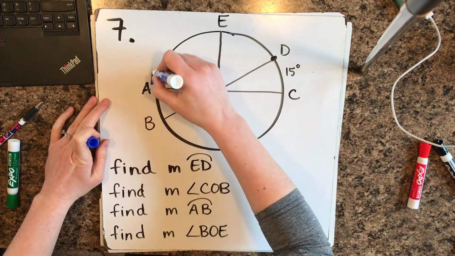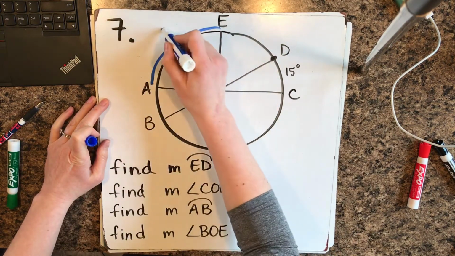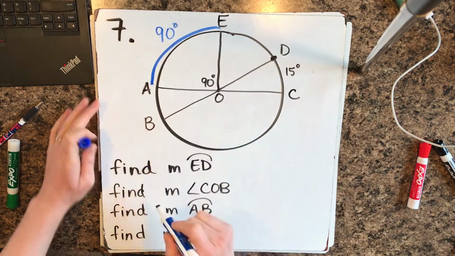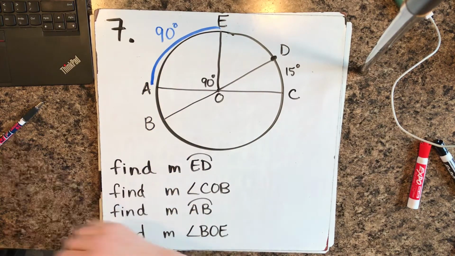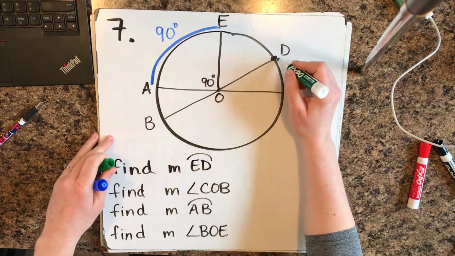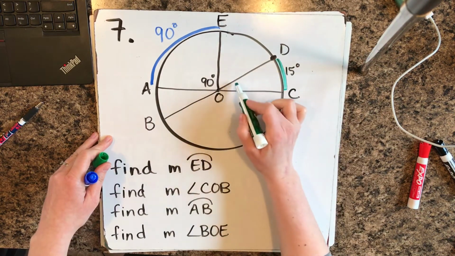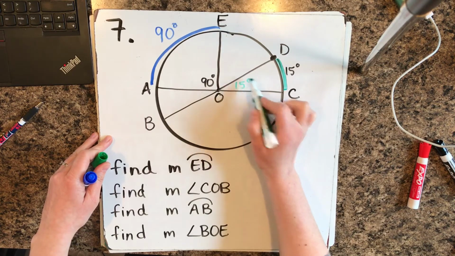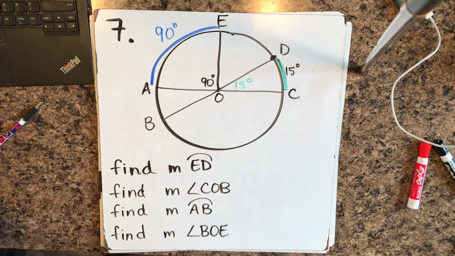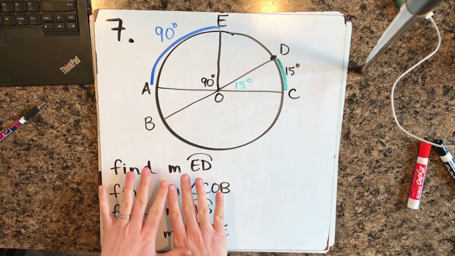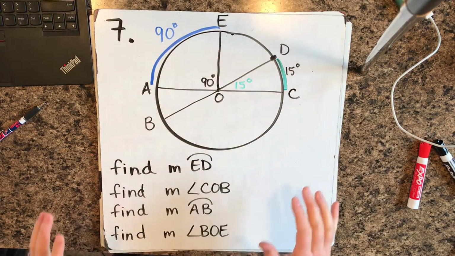So this arc here, without even knowing what they're asking me, I know that's 90 degrees. Same thing over here, they're giving me this clue that this arc is 15 degrees. So if I go to the center, I would know that this is also 15 degrees. There are some other clues.